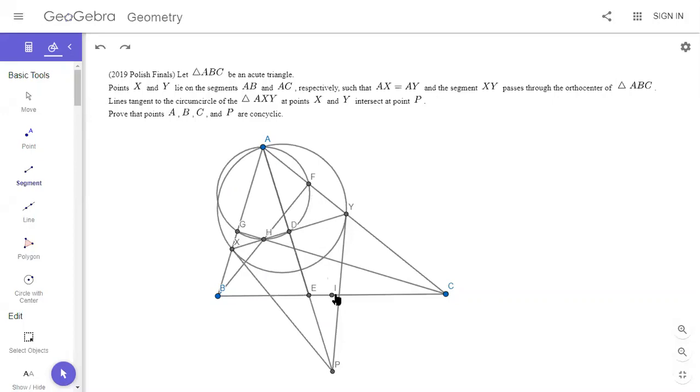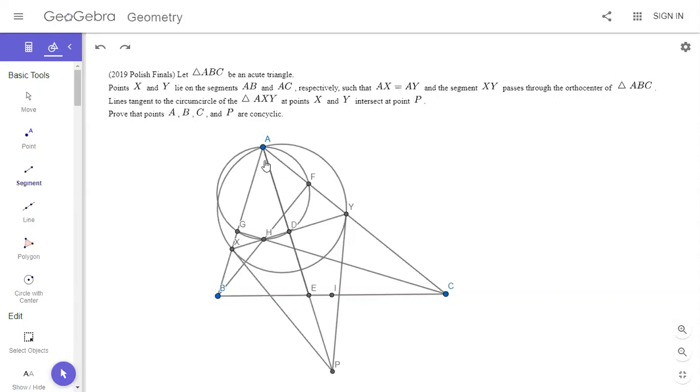Let's see. Yeah, I guess there's a couple ways we could do this, right?